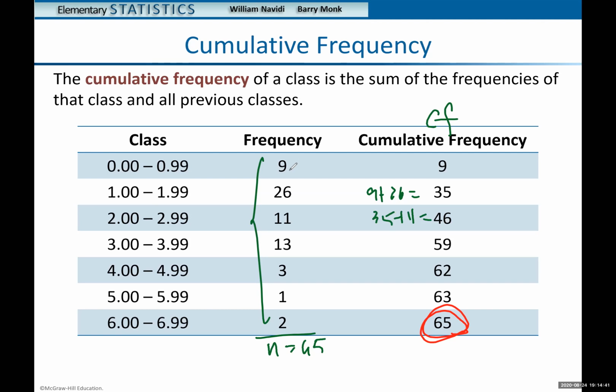Again, your first number should be the first number here, and your last number should be your total N. So 9 plus 26 plus 11 plus 13 plus 3 plus 1 plus 2. So that is your cumulative frequency. Any questions?